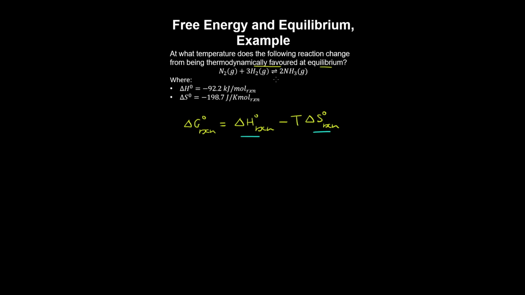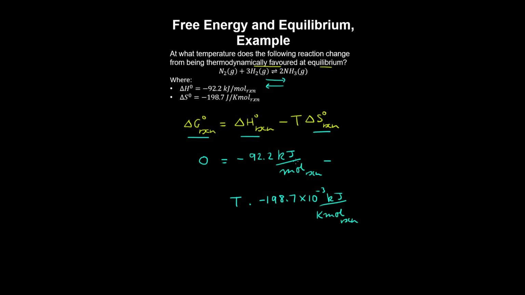So the reaction changes from being thermodynamically favoured, which is towards the products, to thermodynamically unfavoured, is at equilibrium, when the Gibbs free energy change of the reaction is 0. So we substitute the standard enthalpy change, and we have the unknown temperature in Kelvin multiplied by the standard entropy change, which we convert to kilojoules per Kelvin mole of reaction.